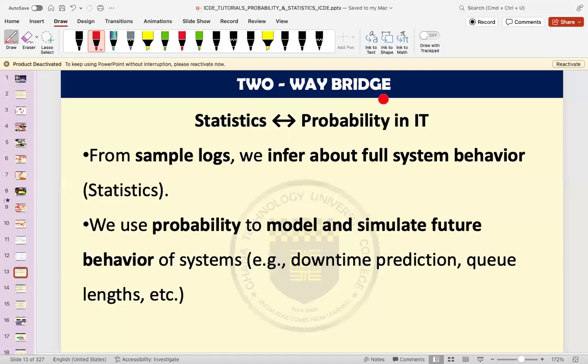You need the two at the same time. You can move from statistics to probability or probability to statistics.